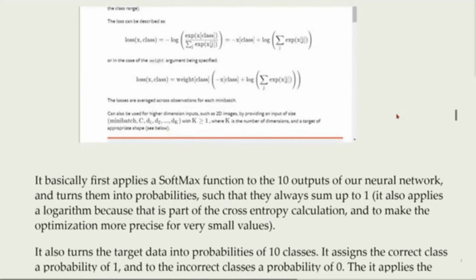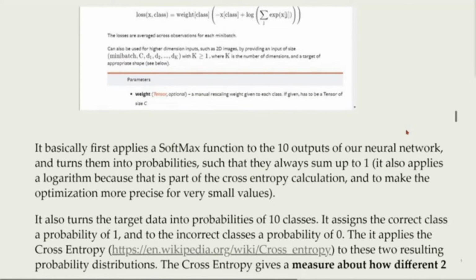It basically first applies a softmax function to the 10 outputs of our neural network and turns them into probabilities such that they always sum up to 1. It also applies a logarithm because that is part of the cross entropy calculation, and to make the optimization more precise for very small values.